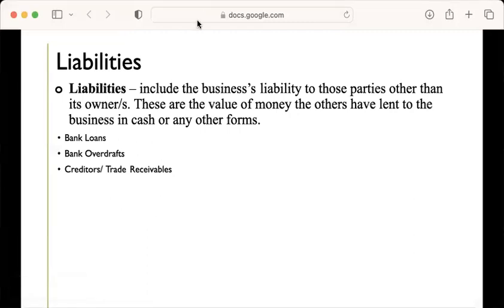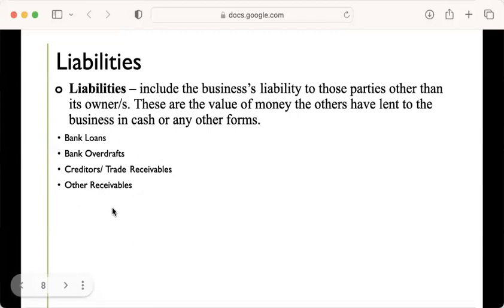Creditors, or trade payables, I'm sorry, it has to be trade payable, not trade receivable. Please bear in mind, it has to be trade payable. That is the money that we have to pay, because we have bought goods from someone on credit.